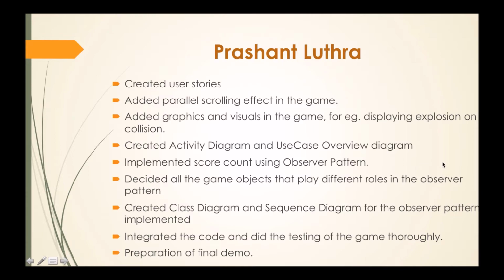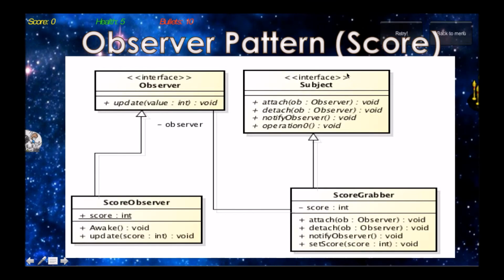I have implemented the observer pattern. This is the diagram for our observer pattern to increase the score count. In our game, there is a game object player and the score observer is the observer which observes any change in the score count. Whenever the player shoots any enemy in the game, there is an increment in the score count and this is observed by our observer, that is the score observer, which implements the observer interface.